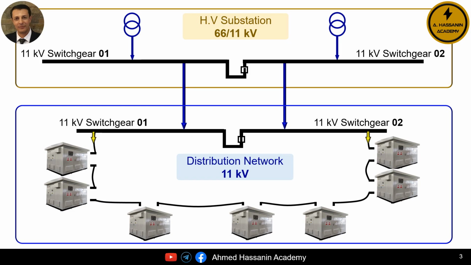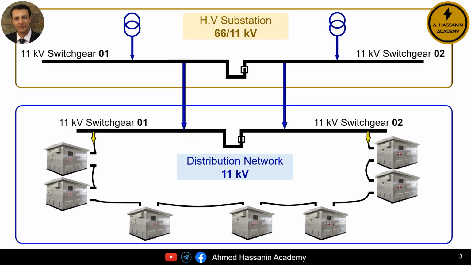The ring system in the distribution network consists of a group of kiosk transformers and medium voltage cables. As we can see, the kiosk transformers are interconnected with each other or with the medium voltage switchgear panel, which is distribution panel number 1, indicated by the yellow arrow, and connected to the first kiosk transformer.